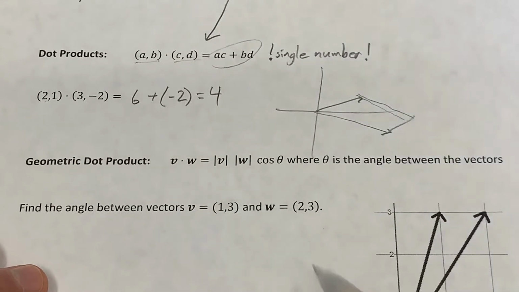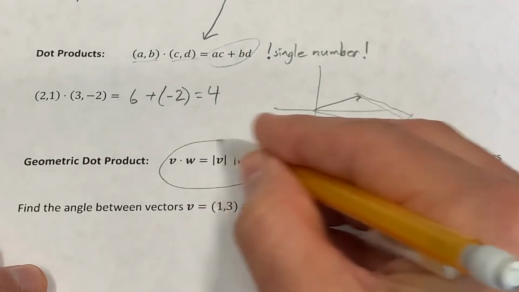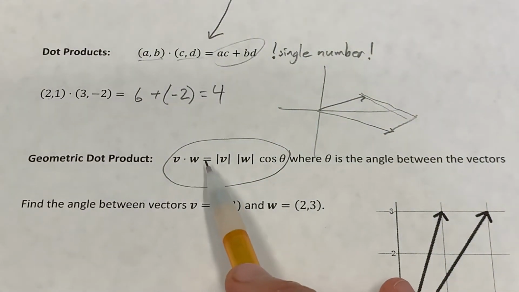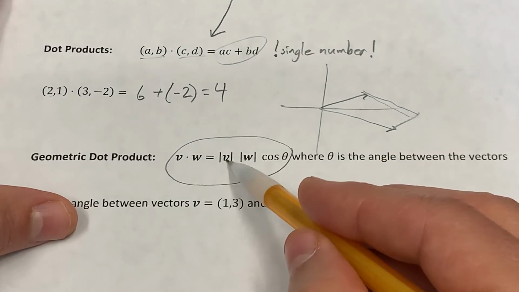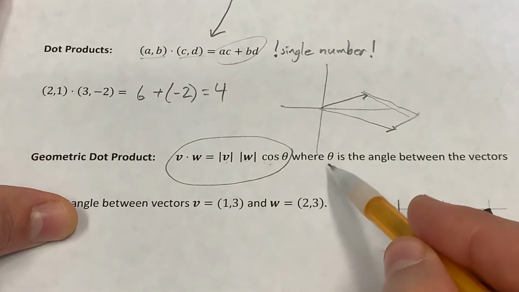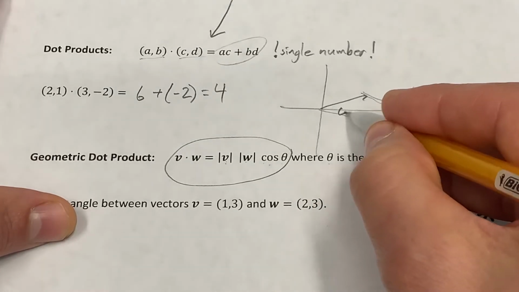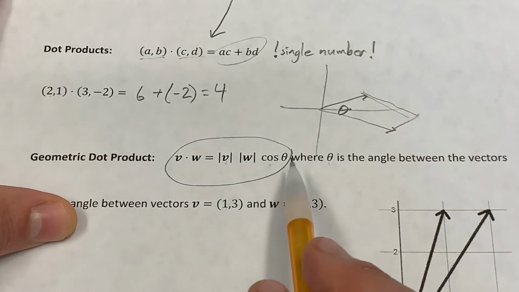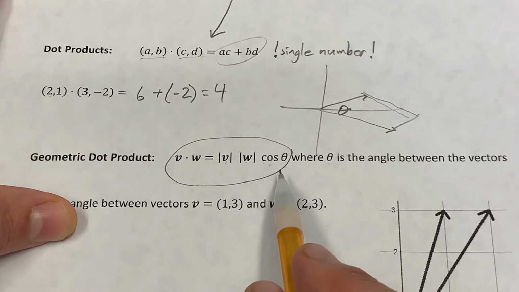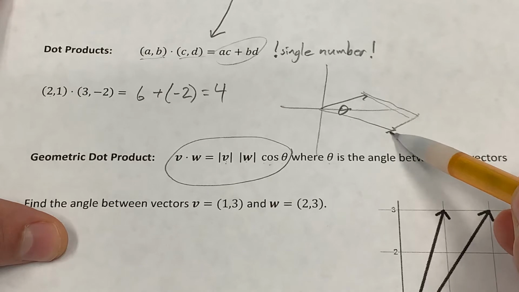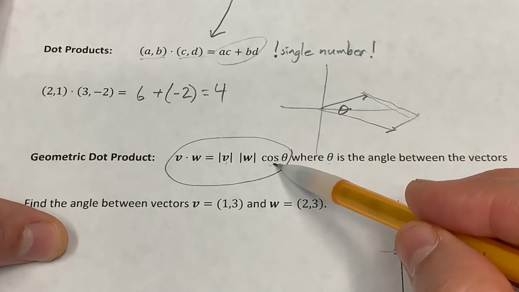Now, what I do want to belabor a little bit is the geometric description. The dot product can also be described as the magnitude of V times the magnitude of W times the cosine of theta, where theta is the angle between them. If theta was 0, that would be going exactly the same direction, and cosine would be largest it possibly can be, 1.